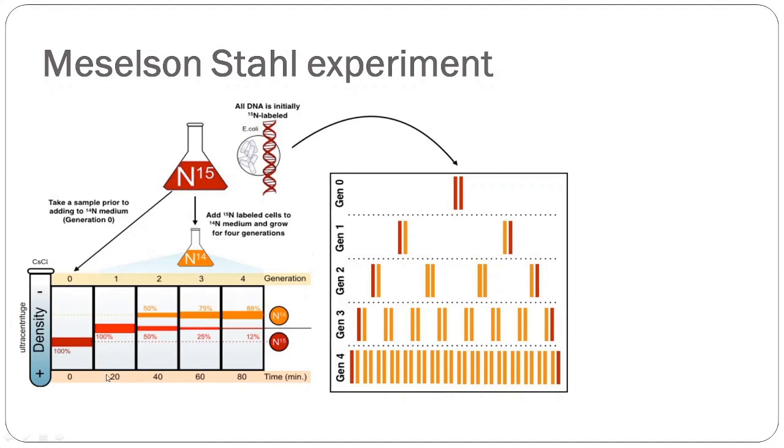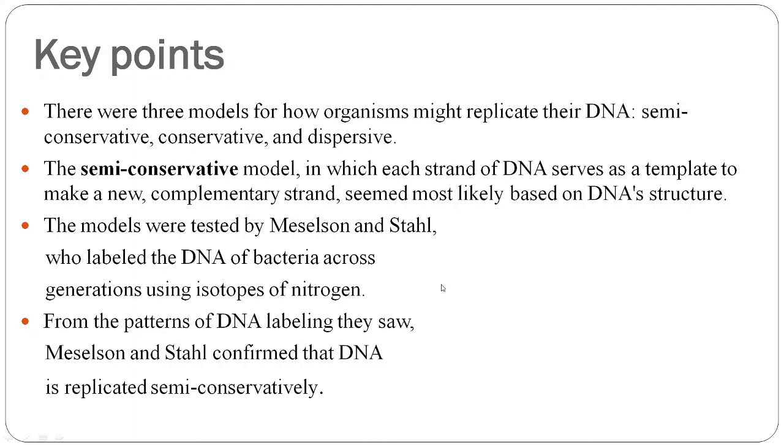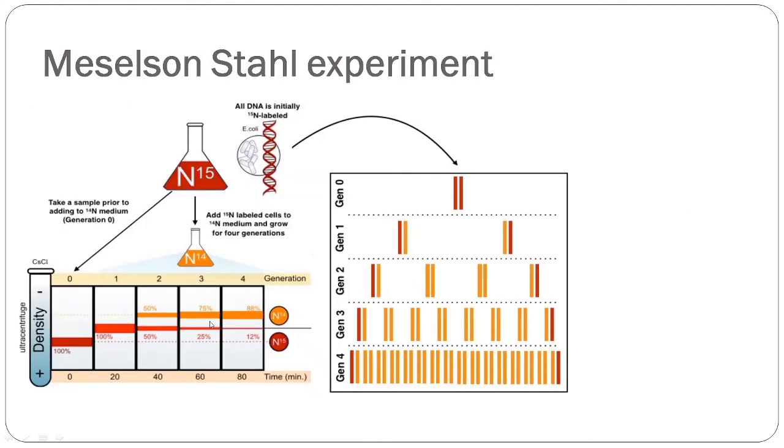Here you can see, in generation 1, a medium or intermediate band was there. Now in generation 2, here also N14 and N15 are present. So in generation 2, 50% N15 and 50% N14 was there.